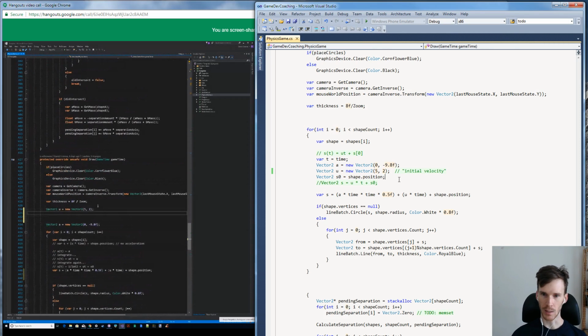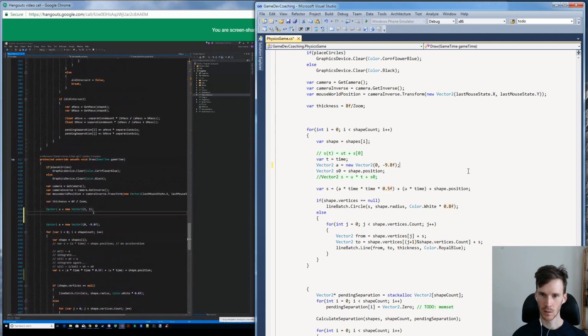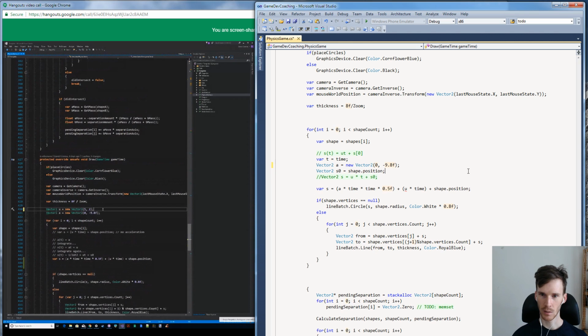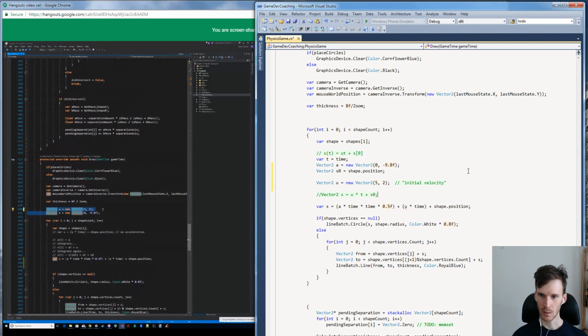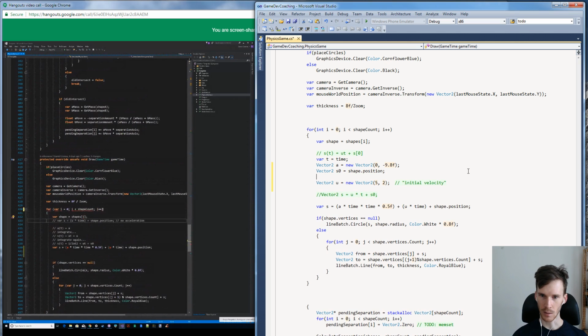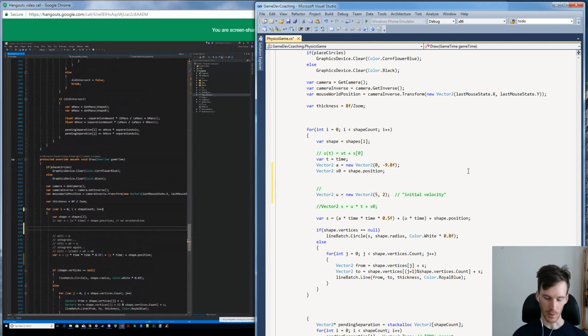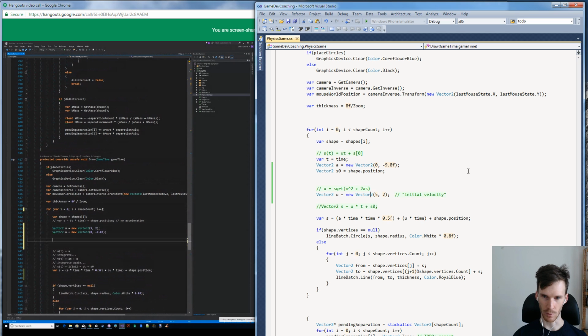So what have we got? We're trying to get the initial velocity. And we wanted u equals the square root of v squared plus 2as, which is what we came up with on the whiteboard.